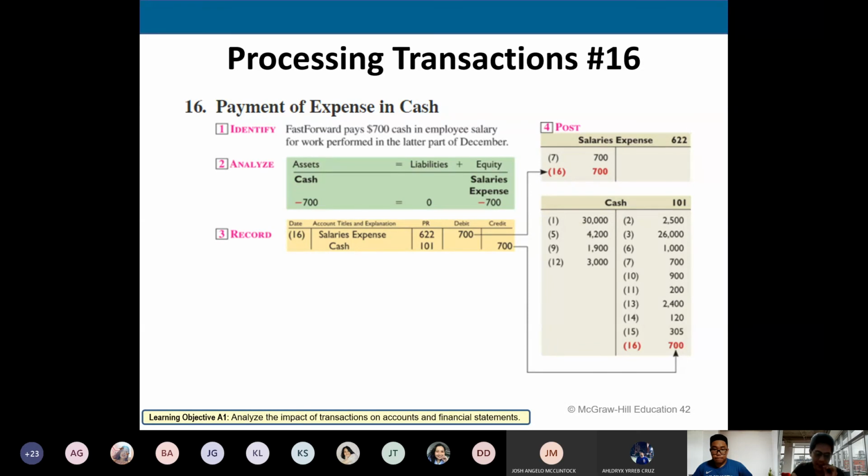Sa second tab, gagawa kayo ng T account for each account and you get the debit or credit balance after accounting all the transactions given in the problem. Na-gets nyo?